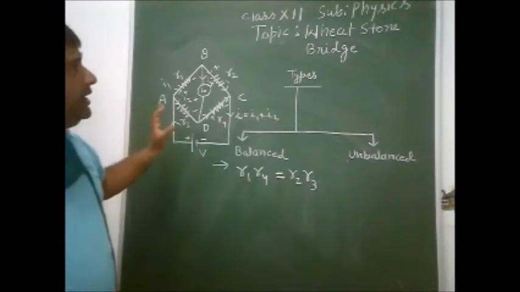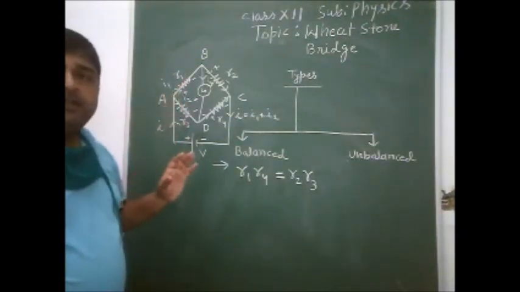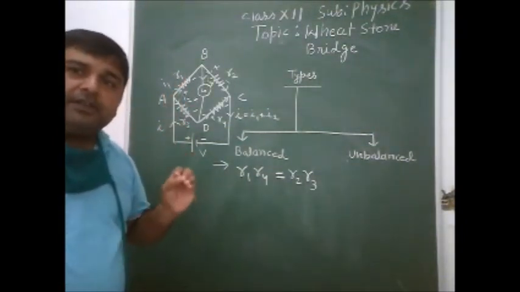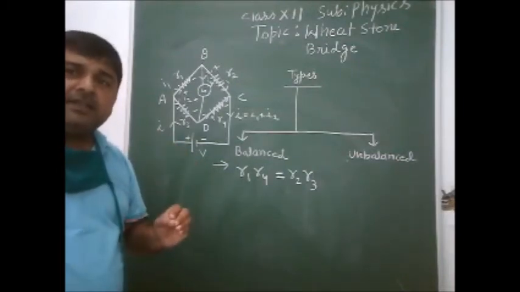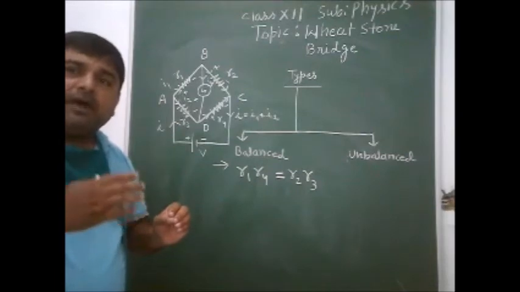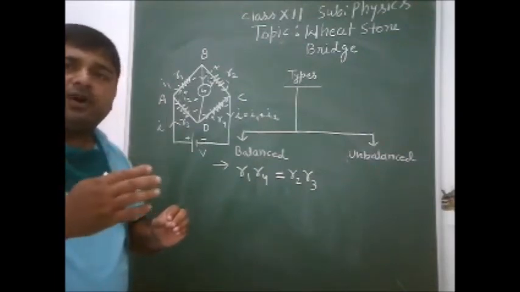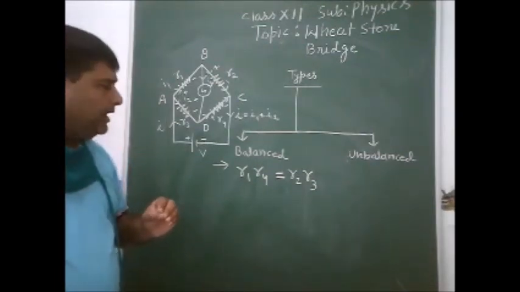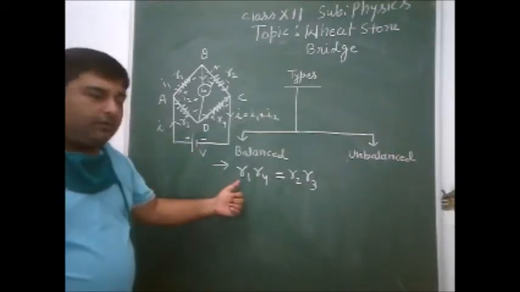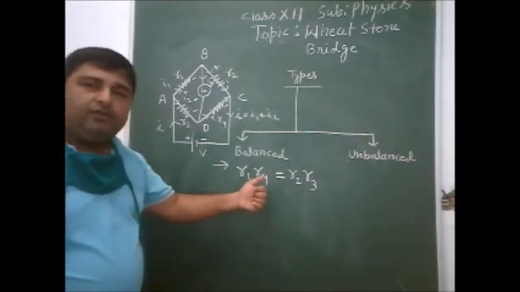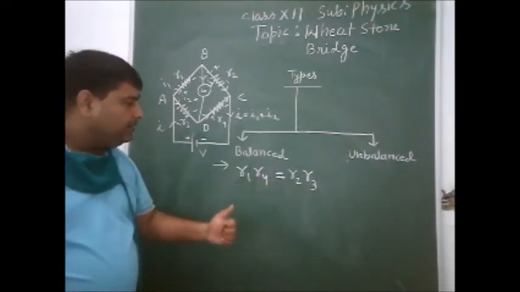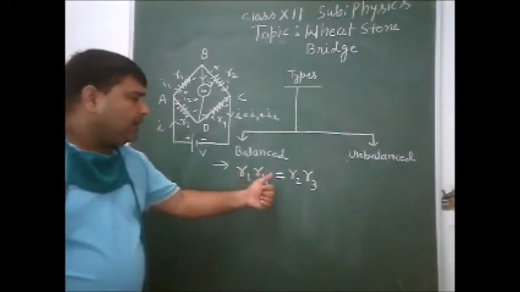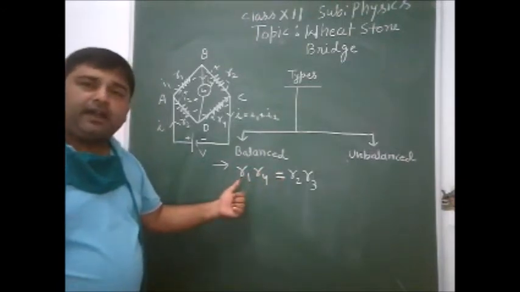Basically, the aim of Wheatstone bridge is to calculate the value of unknown resistance in terms of other known values of resistances. If you know R1, R2 and R3, you can calculate R4. If you know R4, R2, R3, you can calculate R1.